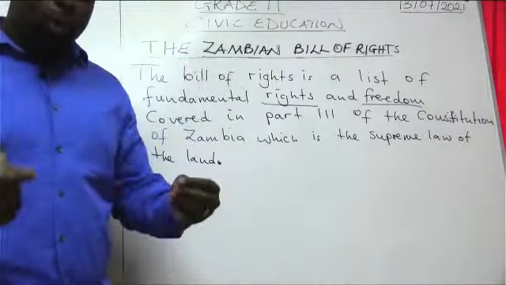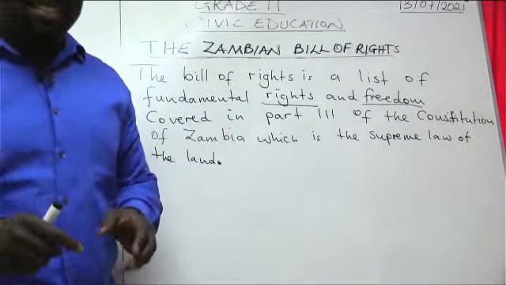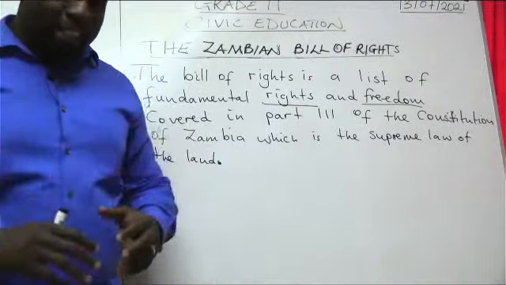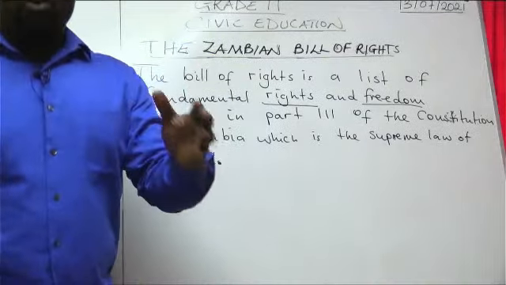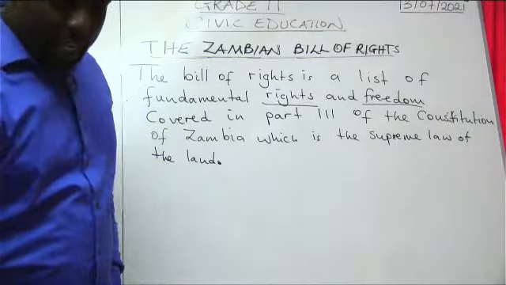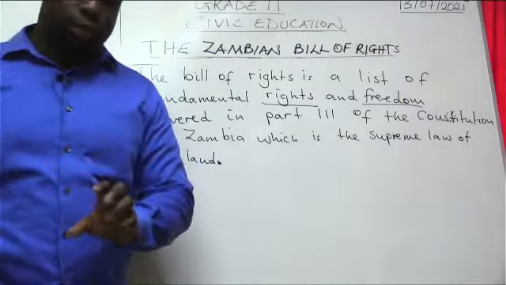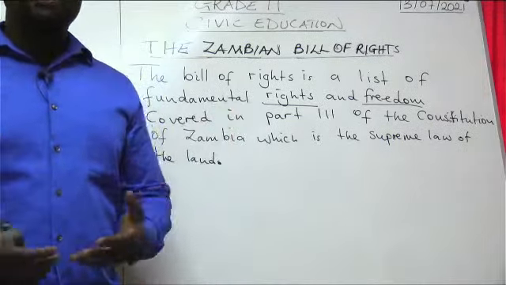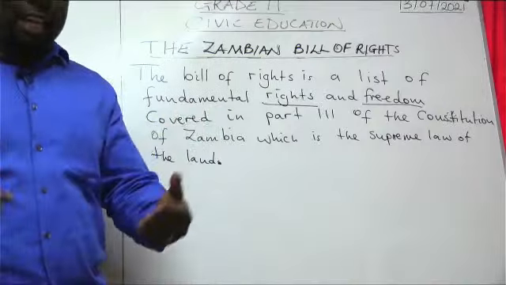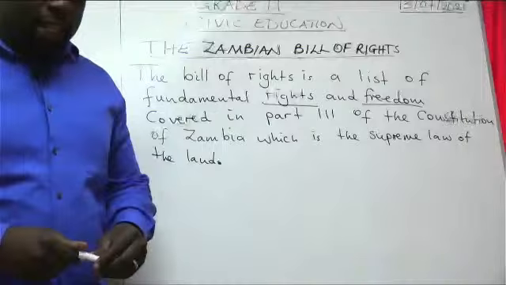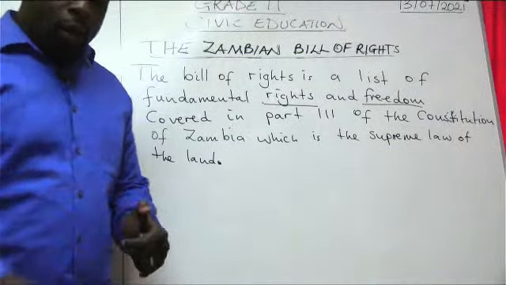It was reproduced with minor amendments in 1964 in the Independence Constitution. In 1972, the Chona Commission recommended the introduction of a one-party state, which was effected the following year.